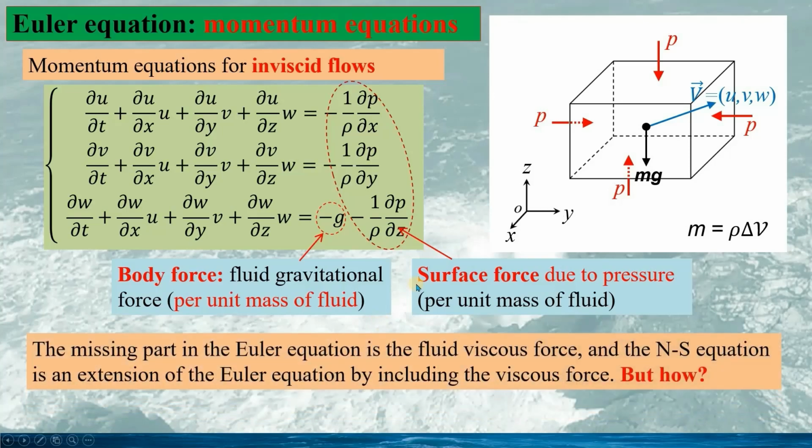For a complete fluid dynamic equation, the missing part in the Euler equation is the fluid viscous force. As we know, all fluids are viscous. Thus, Navier-Stokes equation, the full fluid dynamic equation, is an extension of the Euler equation by including the viscous force.